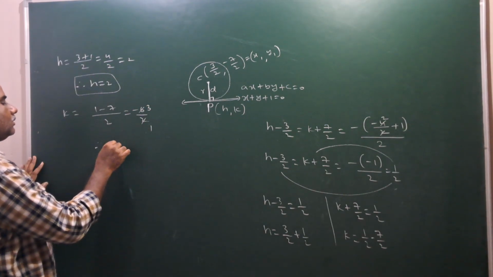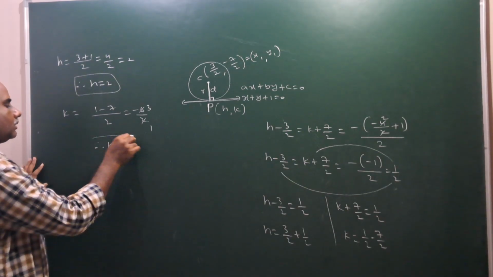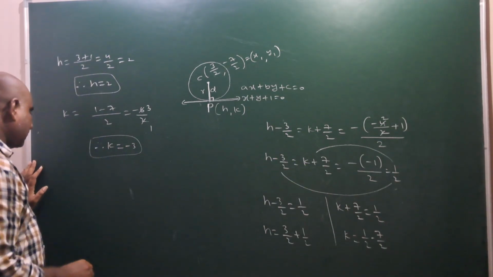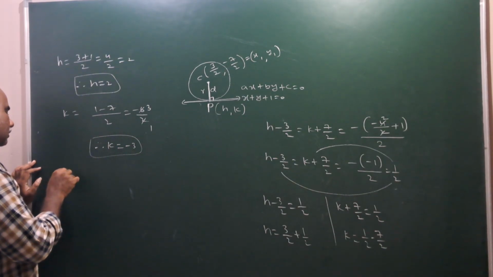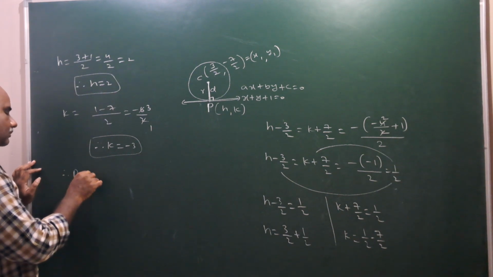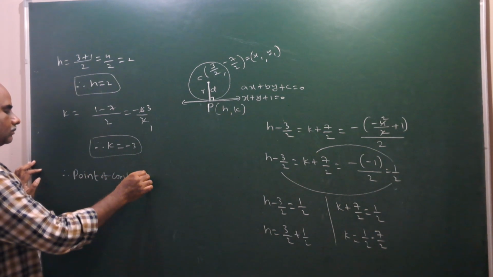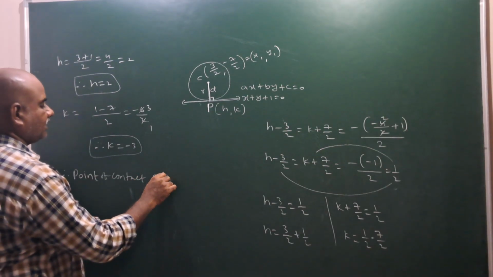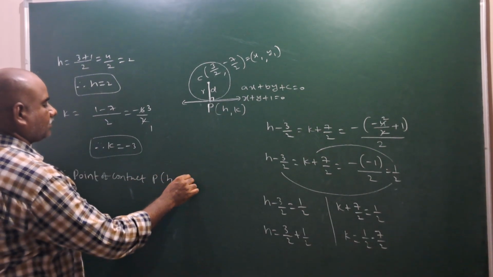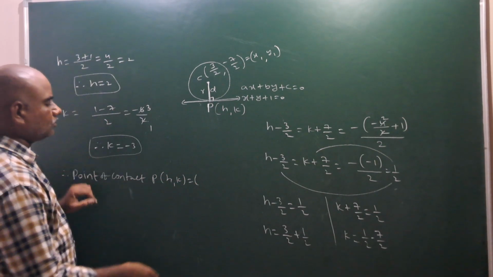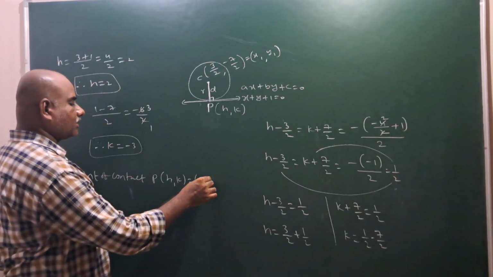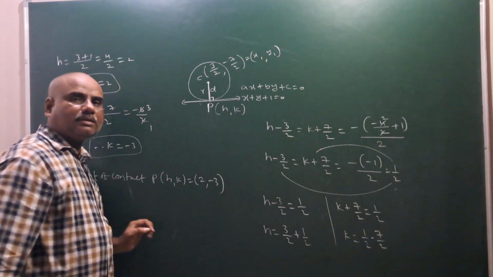Therefore k is equal to -3. Okay. Now we have the values of h and k. Therefore, the point of contact P(h, k) is equal to (2, -3). Okay. Thank you.